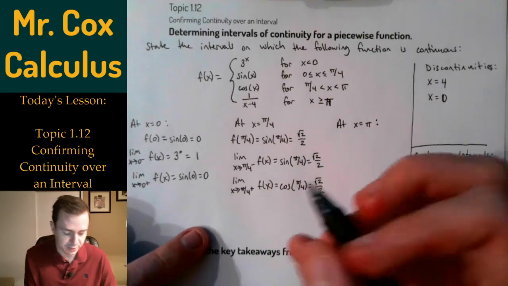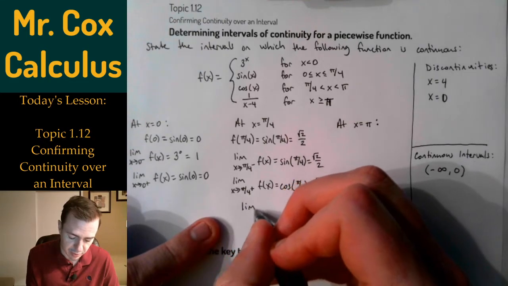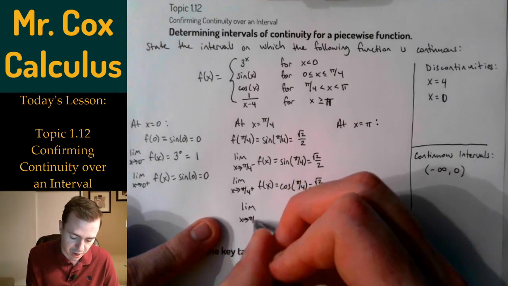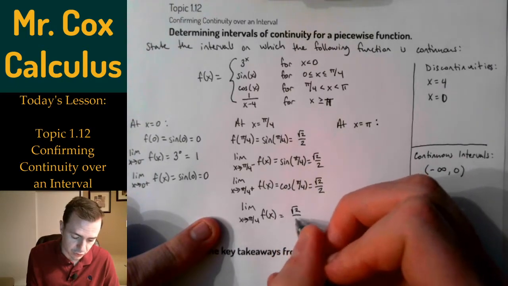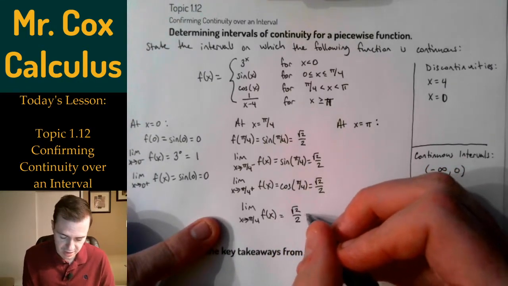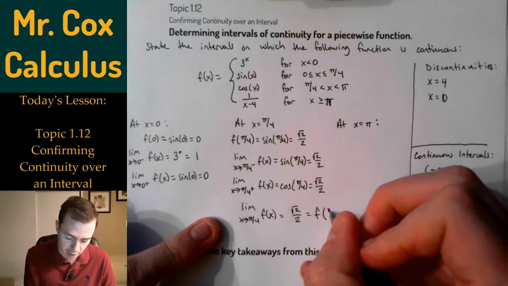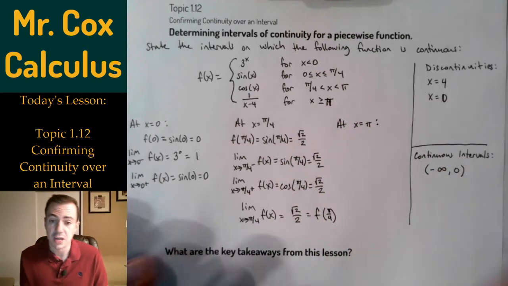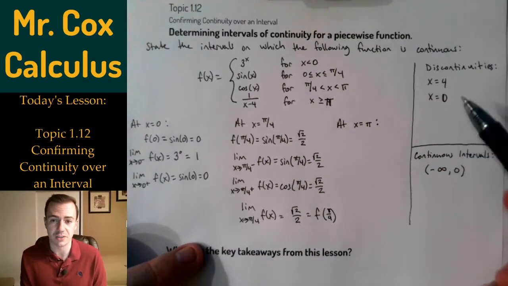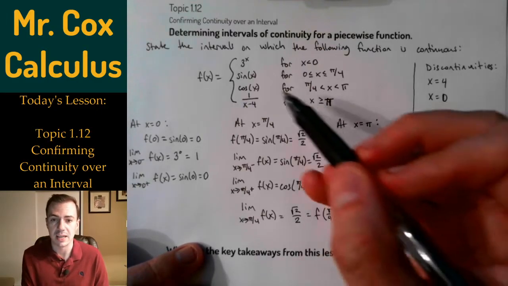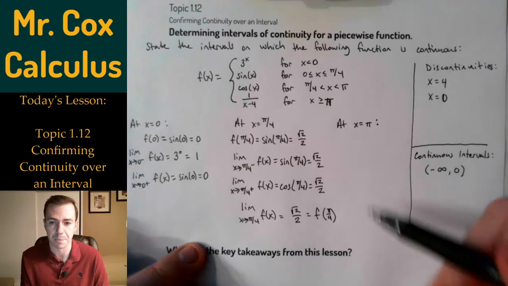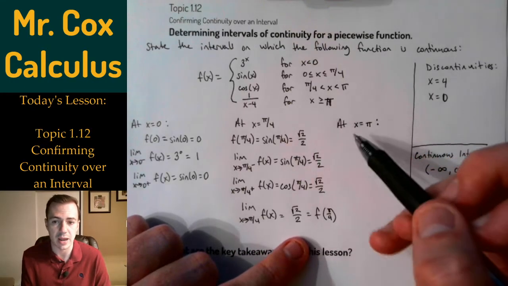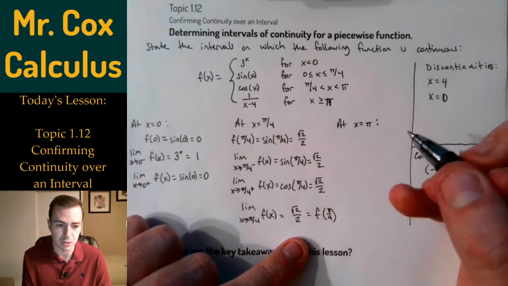And since my one-sided limits match, I can say that the limit as x approaches pi over 4 of f of x is equal to the square root of 2 over 2. And that happens to equal f of pi over 4. So I don't have a discontinuity at pi over 4, even though my function did redefine itself at pi over 4.